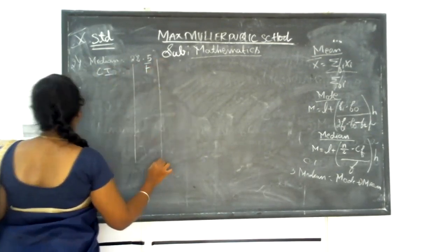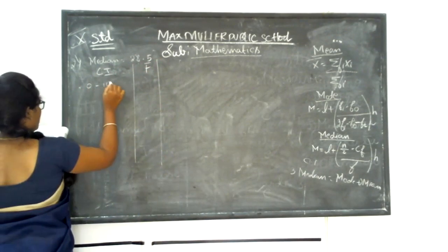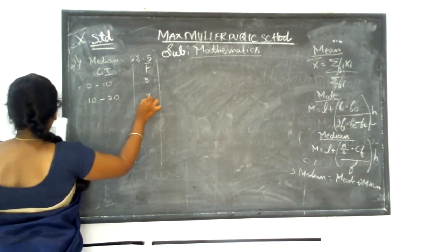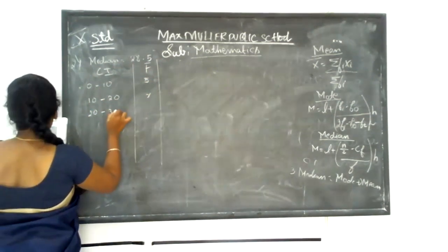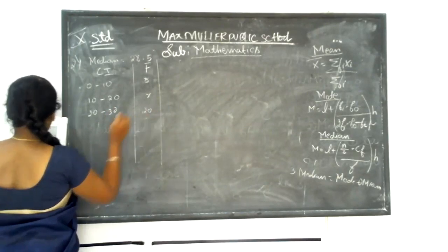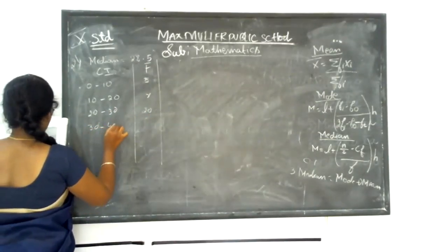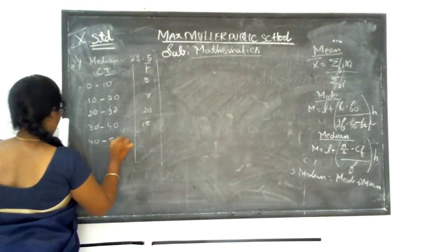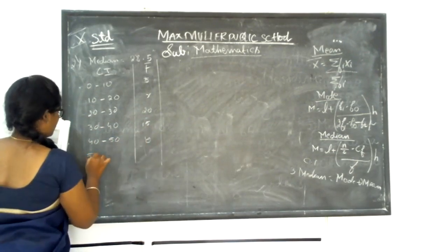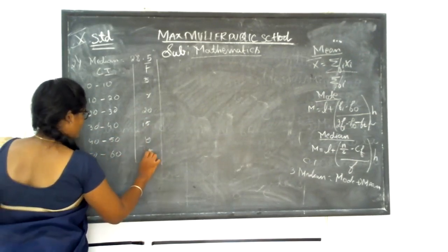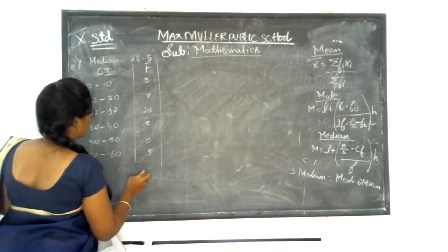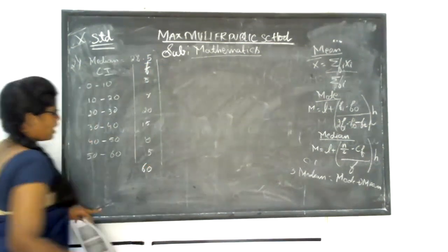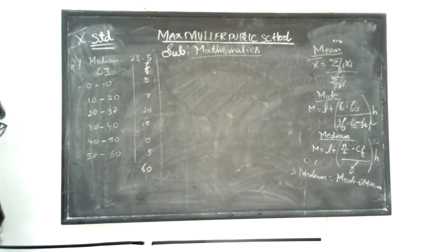So it is 0 to 10, 5; 10 to 20, it is x; 20 to 30, it is 20; then 30 to 40, it is how much? 15; then 40 to 50, it is y; 50 to 60, it is 5. And they have given the total of fi, total of frequency, which is 60. How much is it? 60. Now let us start with the problem.